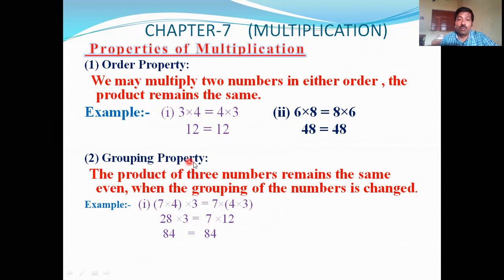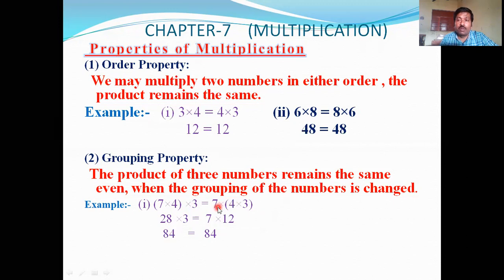Now another is the grouping property. What does the grouping property say? The product of three numbers remains the same even when the grouping of the numbers is changed. Here is the property for three numbers. When we multiply 7 into 4, we get 28, and after that, when we multiply it by 3, we get 84.